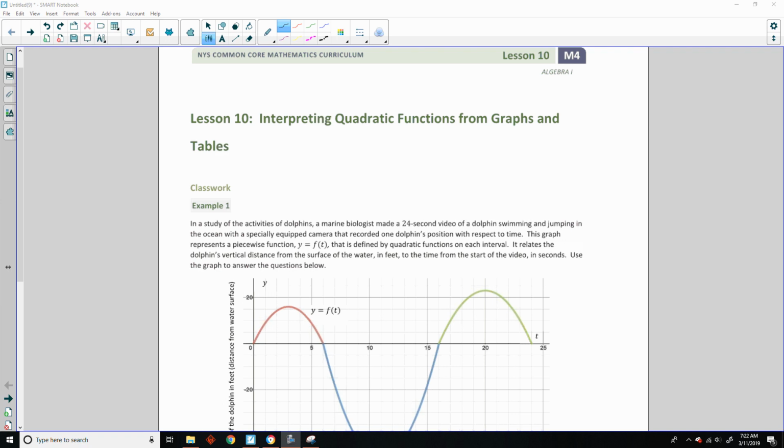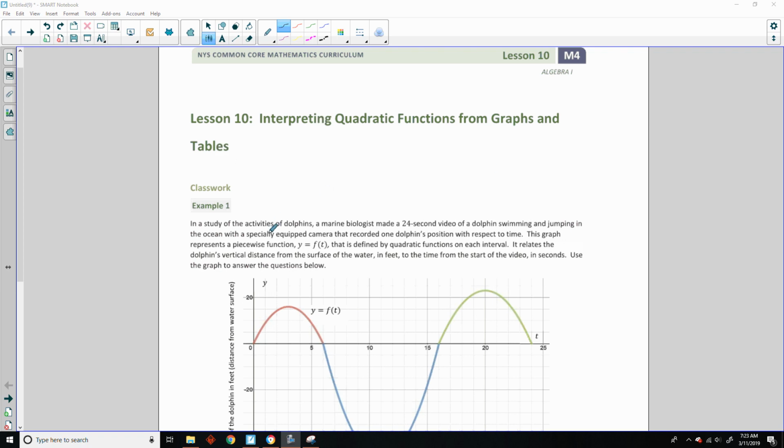This is Lesson 10, Interpreting Quadratic Functions from the Graphs and Tables. Okay, classwork example 1, it says, in a study of activities of dolphins, a marine biologist made a 24-second video of a dolphin swimming and jumping in the ocean with a specially equipped camera that recorded one dolphin's position with respect to time.